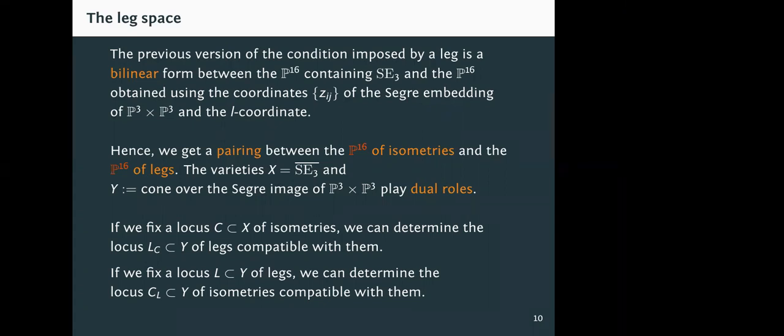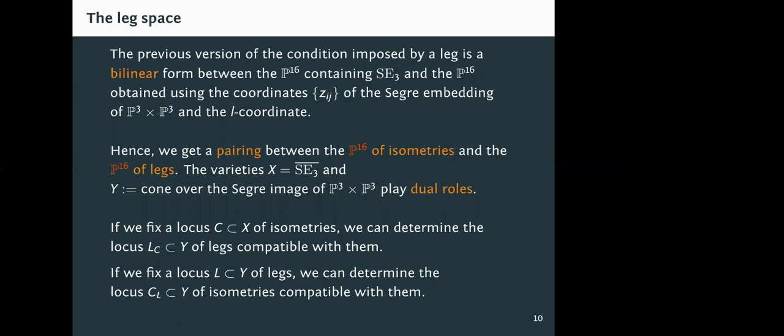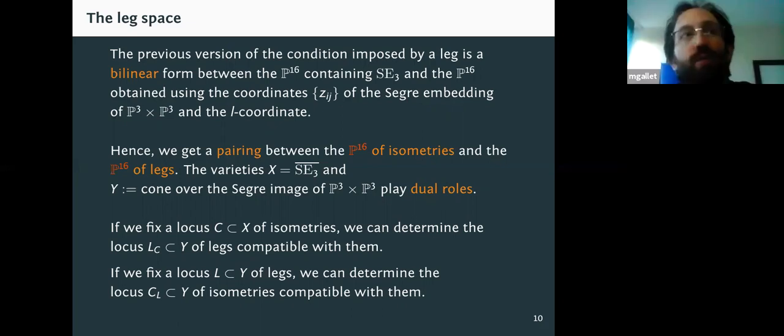Right, okay. And vice versa, I can fix the legs and then check which configurations they achieve. Okay, maybe this is a little bit more natural way of viewing this duality, but of course you can go both ways, and we will be going both ways. Okay, thanks. You're welcome. Any other question?